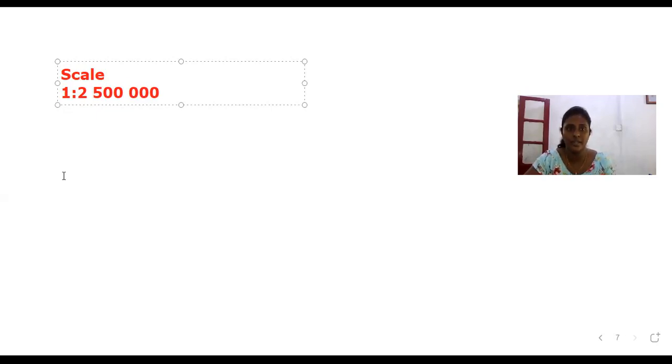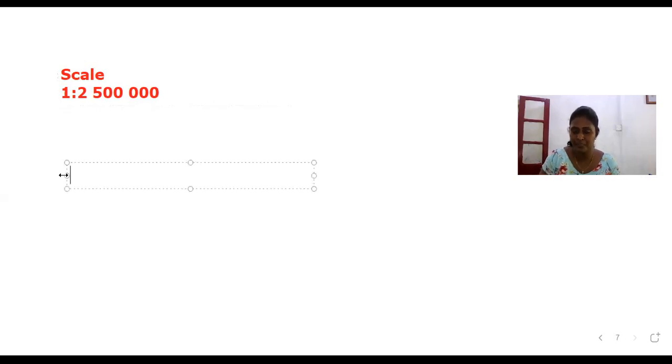How did I get this? Again I'm showing, please see. 25 kilometers, we multiply by 1,000, then we get 25,000 meters. Then again we multiply this by 100 to convert it into centimeters.